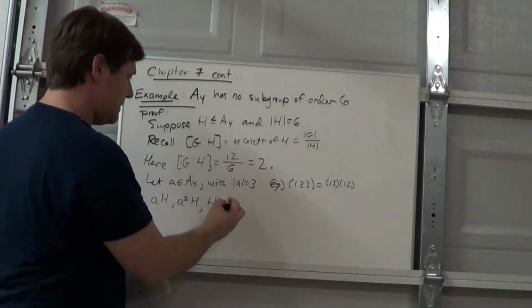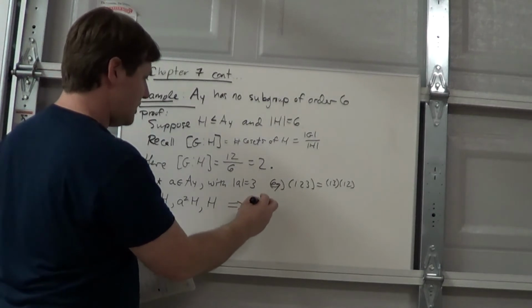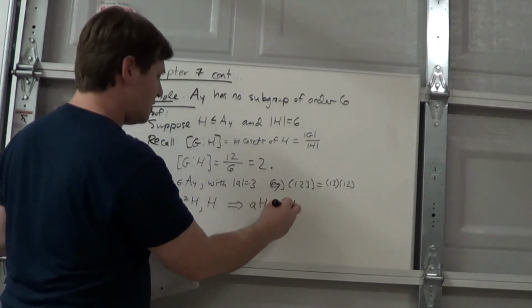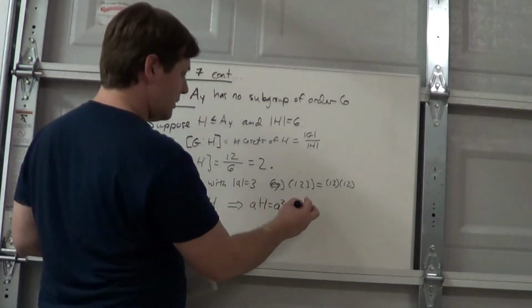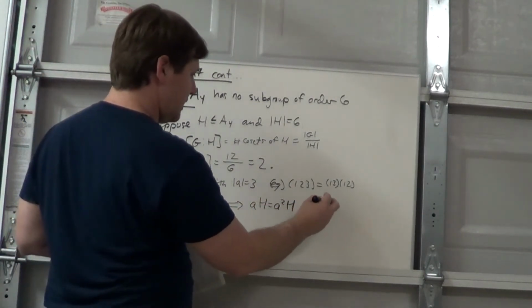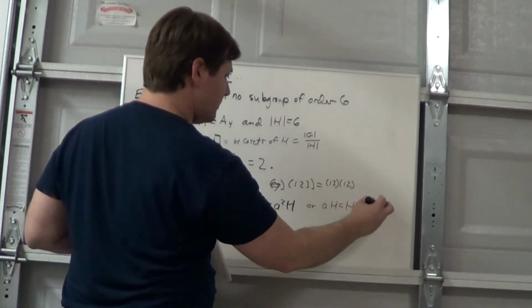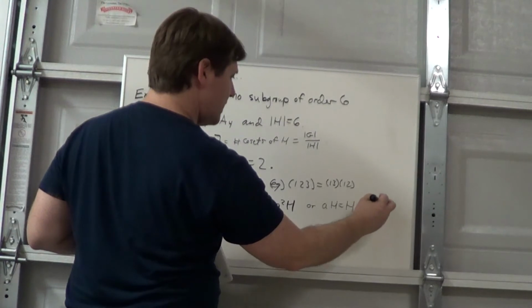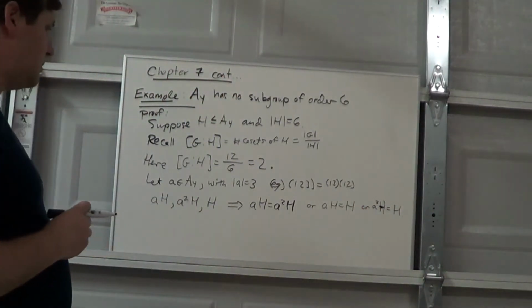So this means that either AH is equal to A squared H, or AH is equal to H, or A squared H is equal to H. Okay?